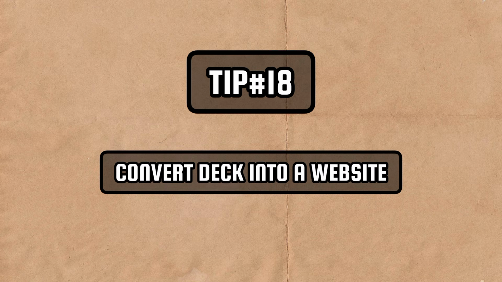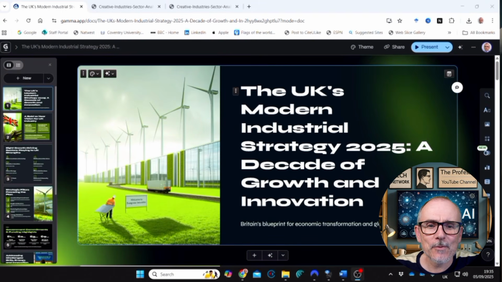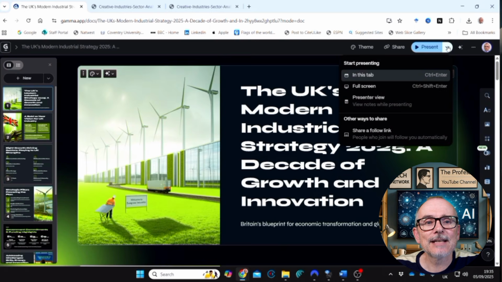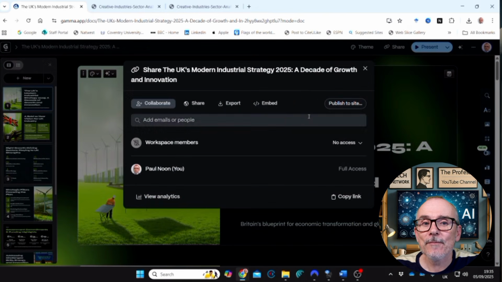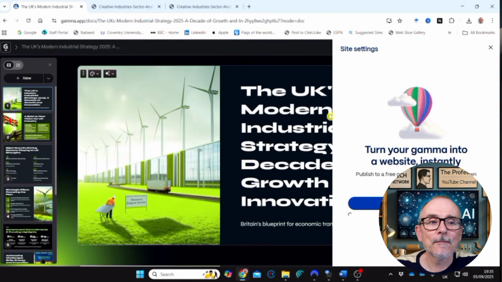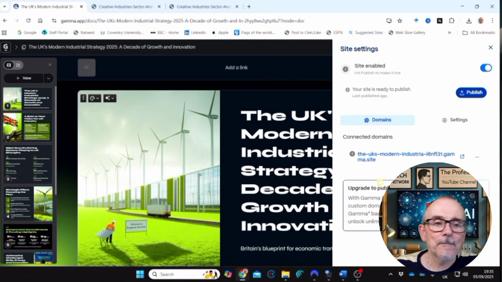So we've got our slide deck, and remember we created this right at the beginning. So what we want to do now is, instead of present, we are going to share, and we're going to publish to a website.